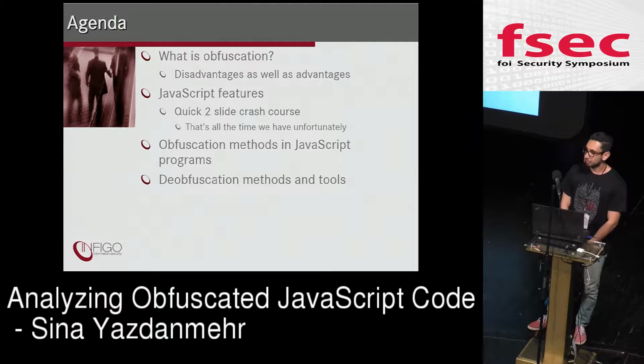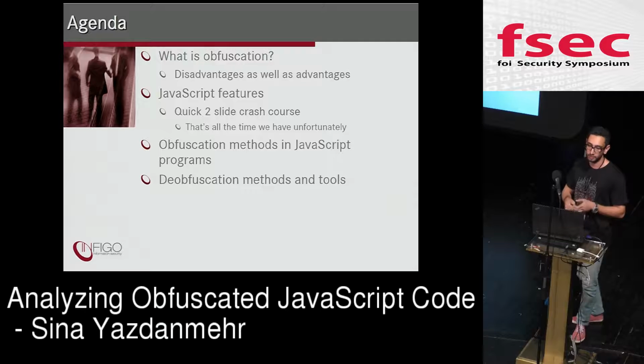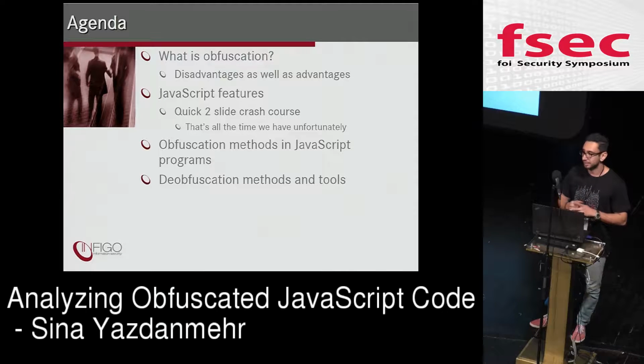Due to the time shortage, I won't be able to completely elaborate on this part, so I will just briefly explain some JavaScript abilities which are more important in obfuscated code. I assume you know the concepts and basics, especially in JavaScript. Then I will focus more on obfuscation methods, and finally the obfuscation methods as well as tools.